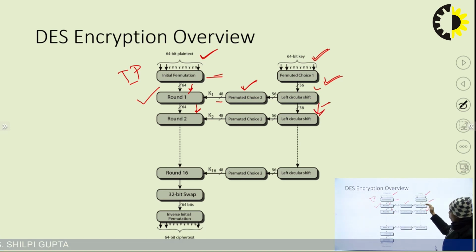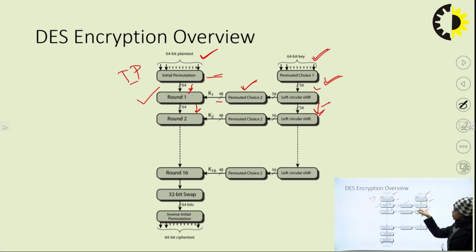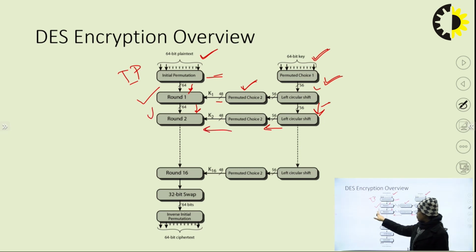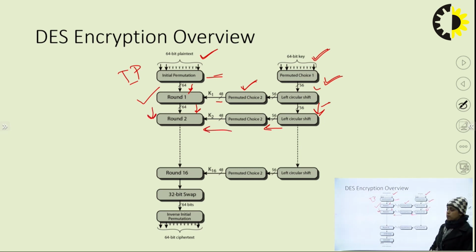Here, whatever we have out of this left circular shift, again those bits will act as an input to the next round, and these key bits are again processed for the left circular shift. They will come over here for another permuted choice. Out of that we have selected 48 bits, and that 48-bit key will act with the 64-bit plain text.